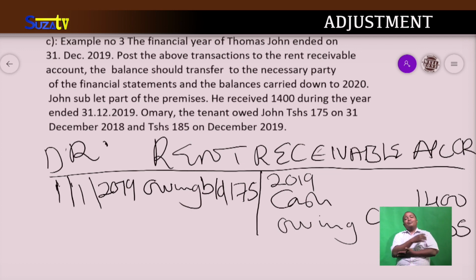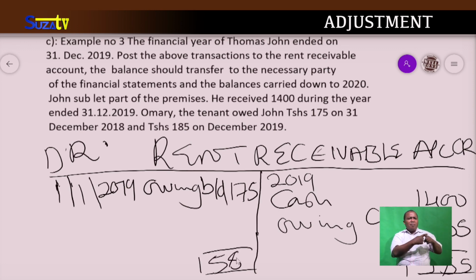Okay. Add the credit side: 1,585. And on this side you put 1,585.